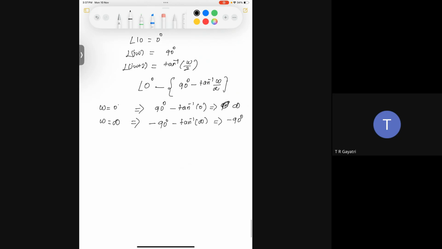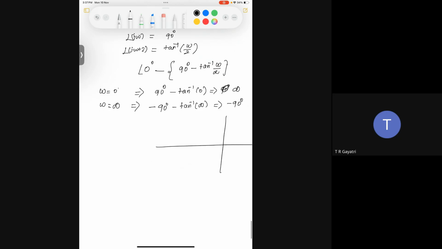So from here, for the Nyquist plot, if I take 0, minus 90, minus 180, minus 270. Otherwise it may also be 90, 180, 270, but we are going to follow only anti-clockwise directions. I'm just taking the first one: minus 90, minus 180, minus 270.